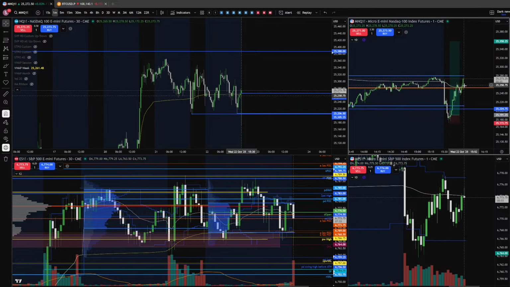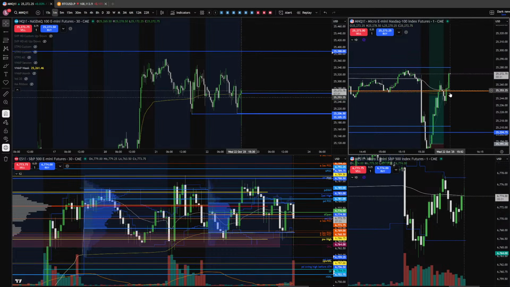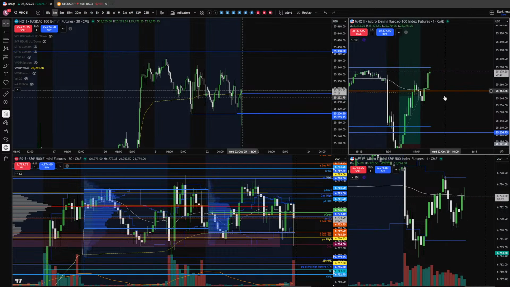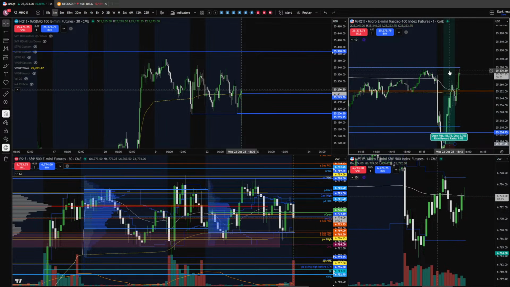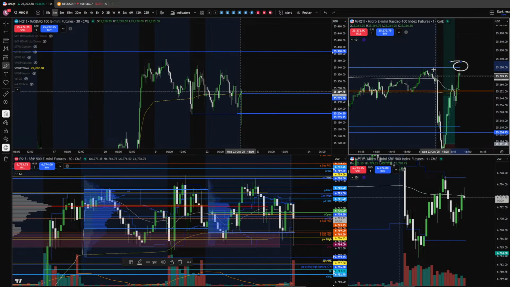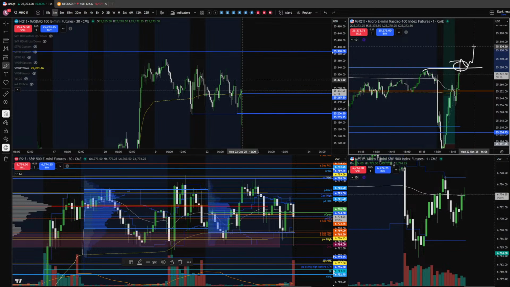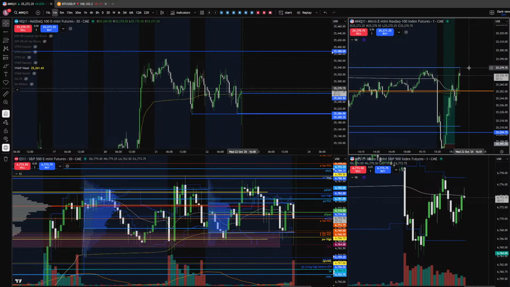But if we managed to get above this local area of resistance, then we would change market structure by reclaiming this level here. And if we can do this, then the next target is range highs.